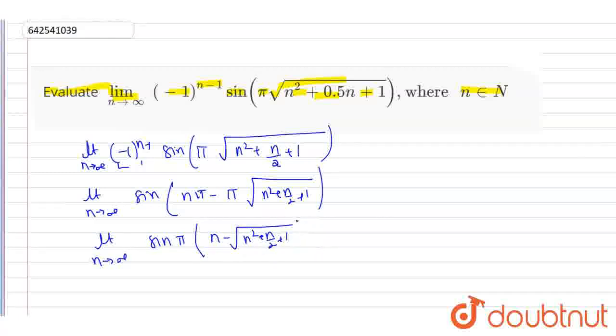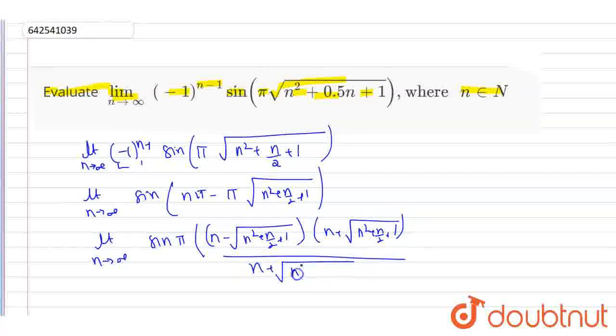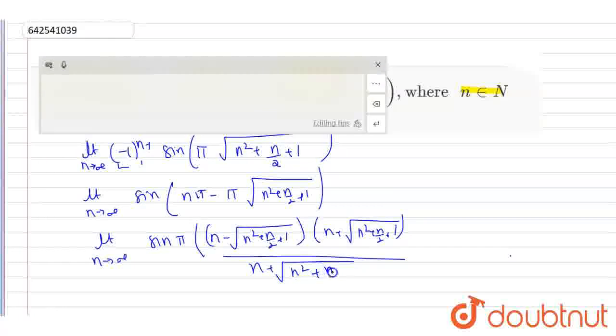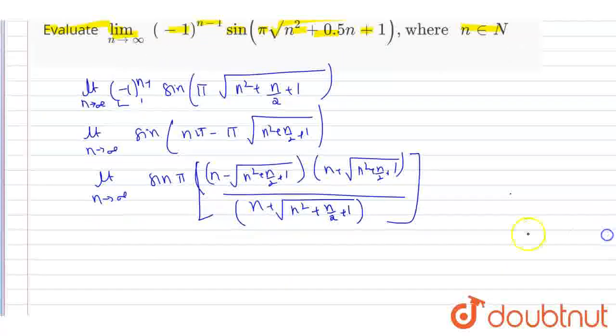We multiply and divide by n plus under root n square plus n by 2 plus 1, so there will be no effect on the question. So we write it as n square plus n by 2 plus 1, and there is no change in the original question. So we can solve it further.